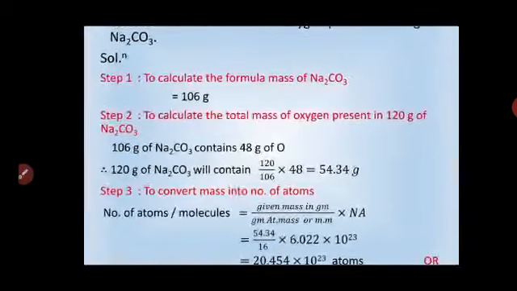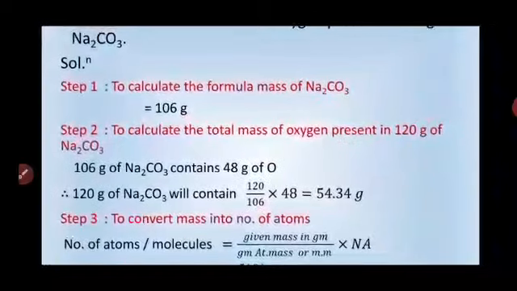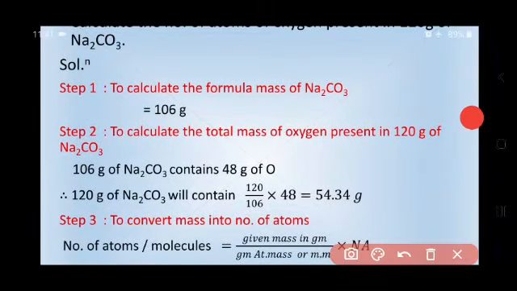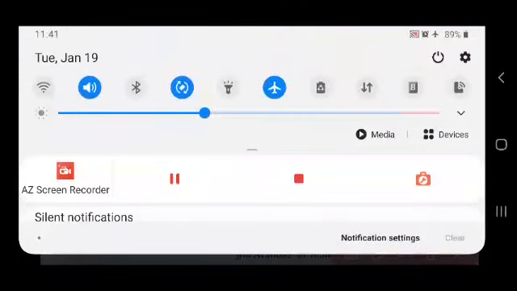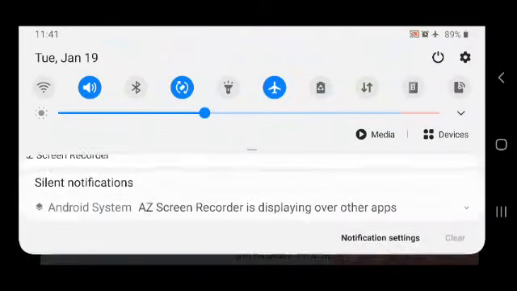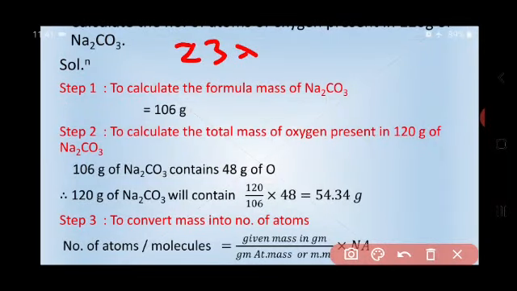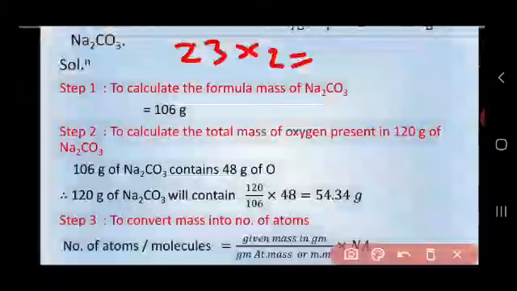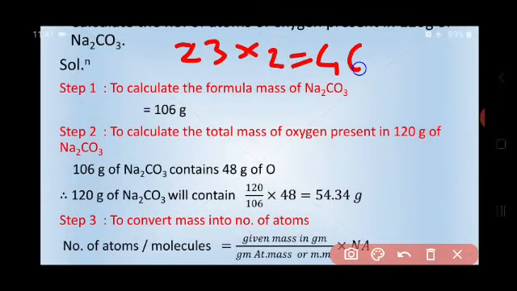So here three steps are there. First you have to calculate the formula mass of Na2CO3. Just like molecular mass, we have to calculate the formula mass. Atomic mass of sodium is 23, into how many sodium atoms are there in this? 2. So 23 into 2, that is equal to 46.